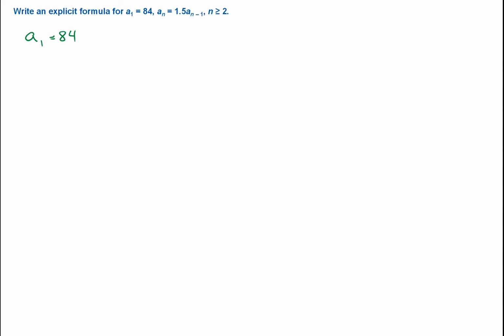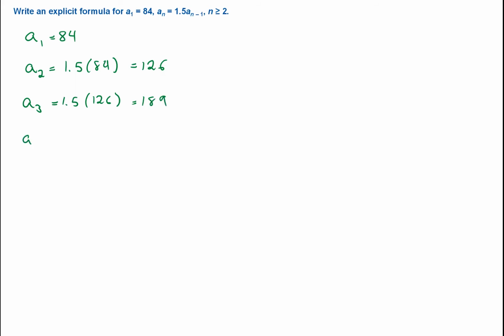Again, let's lay out the first few terms and see if we can't identify the pattern going on here. A sub 2 would then be 1.5 times the previous term, and so then we get 126. A sub 3 is going to be 1.5 times the previous term, which is 126, and we get 189.